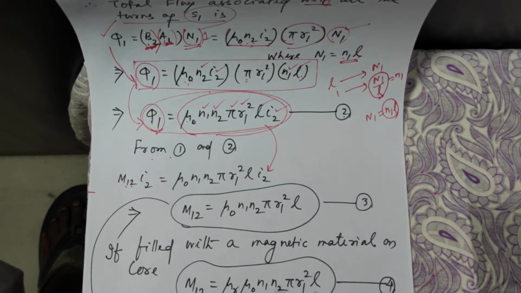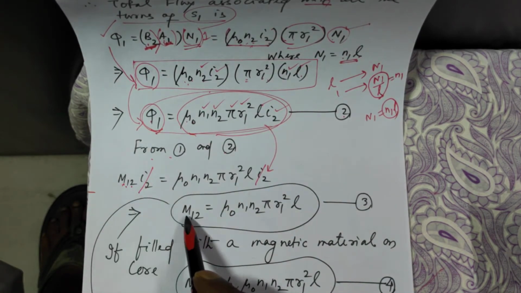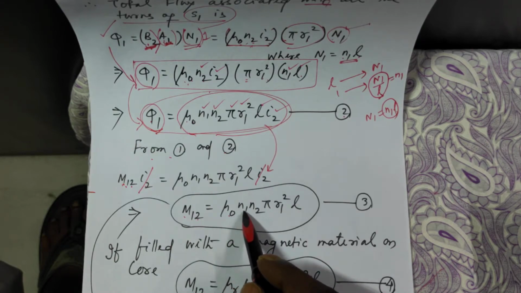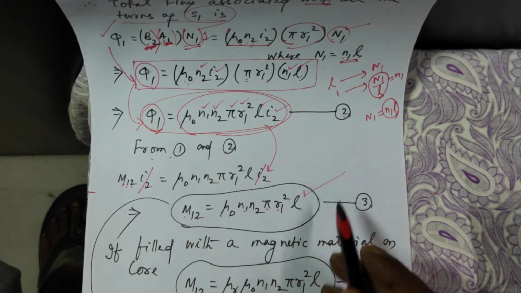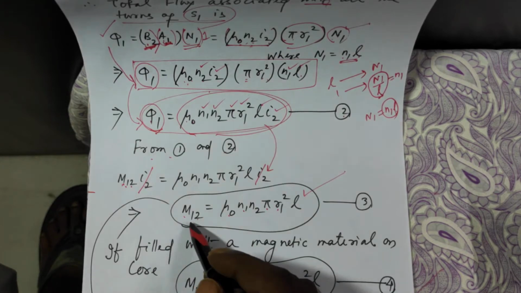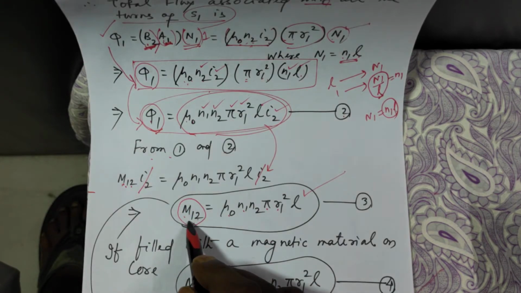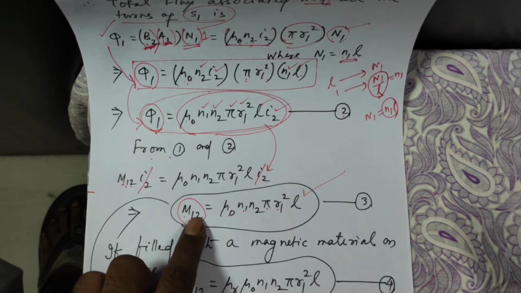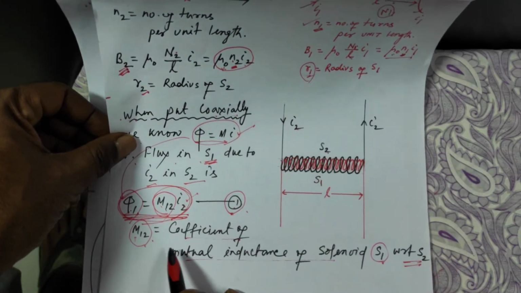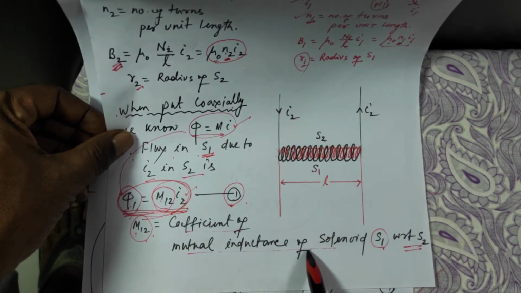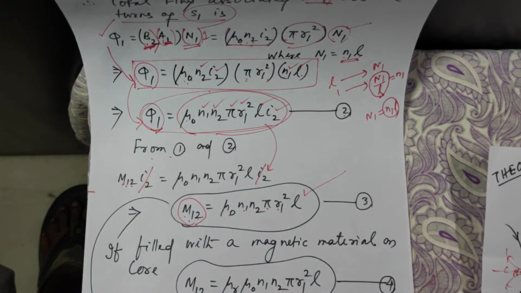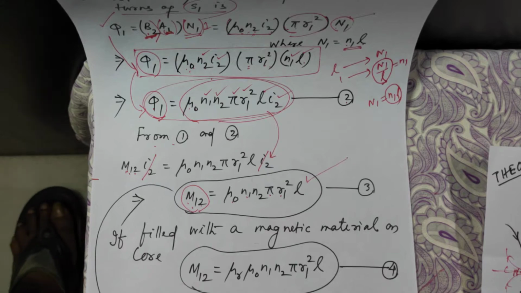Now I2 cancels. So we are left with M12 is equal to mu naught N1 N2 pi R1 square L. And what I had explained this? The coefficient of mutual induction M12, coefficient of mutual inductance of solenoid S1 with respect to S2, right, when both are coaxial.